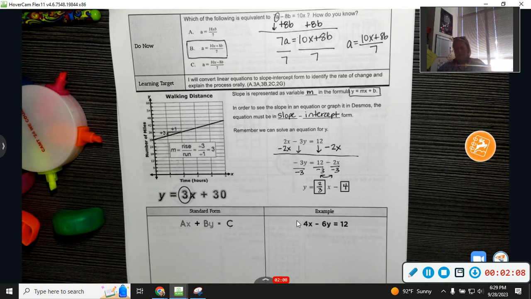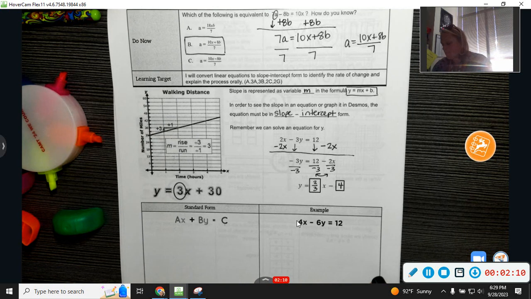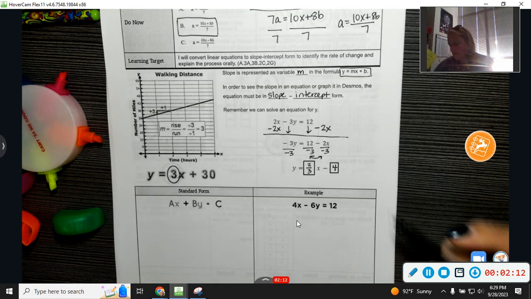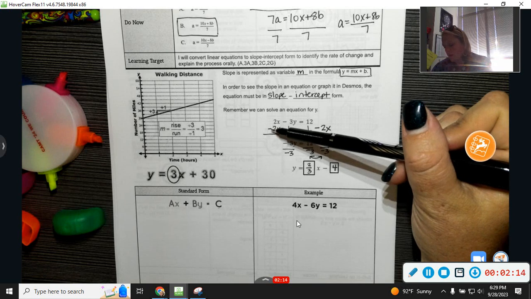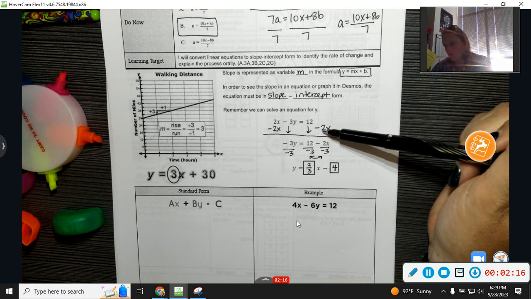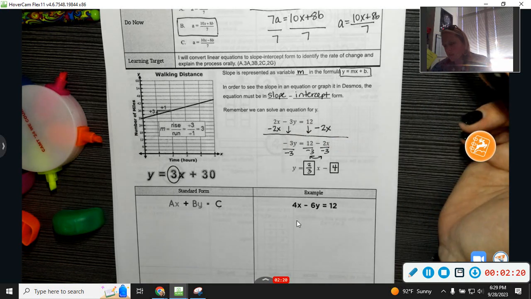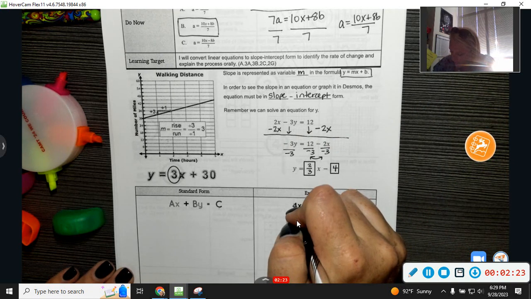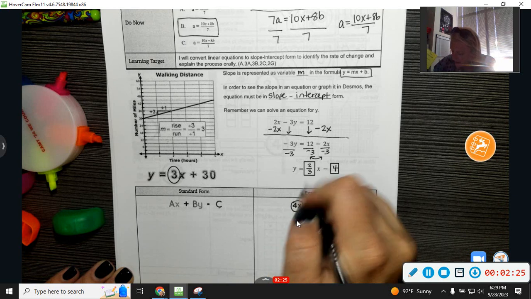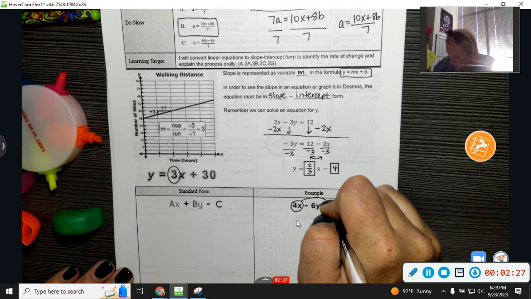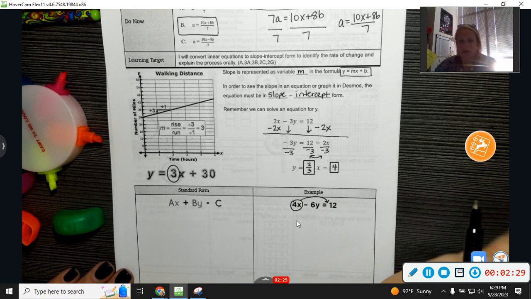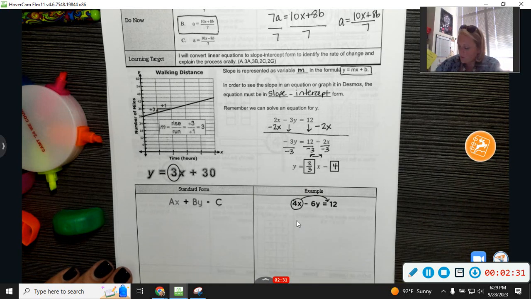Alright, we're going to do that again down here. But I'm actually going to talk to you about something, because if we look at this 2x, to get rid of this 2x, what we did was we moved it over. And when it moved over to the other side, it changed from positive to negative. So I'm going to take this 4x and move it, and I'm going to put it in front of that 12, and it's going to push the 12 out of the way.